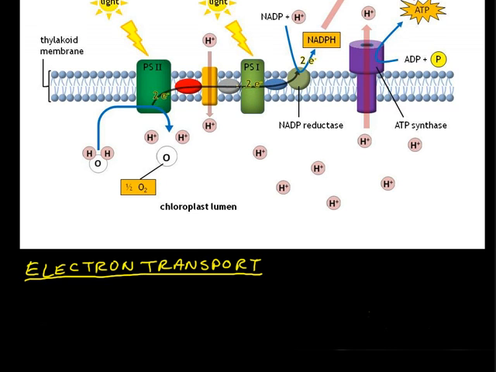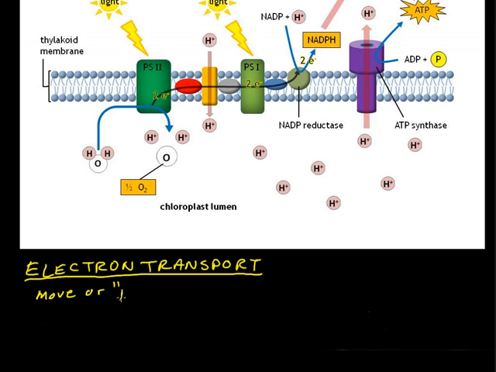Well, this is called electron transport. So this flow of electrons occurs in this direction. And so electrons get transferred from photosystem 2 all the way over here to PS1, which, as you might guess, is called photosystem 1.